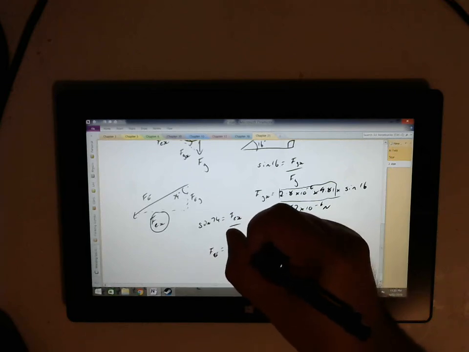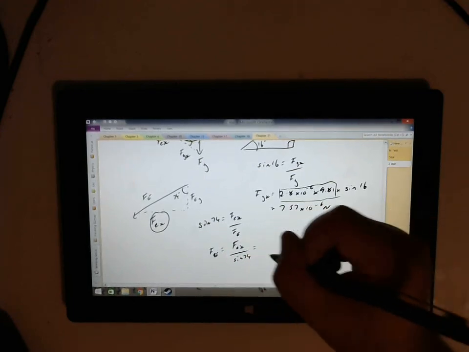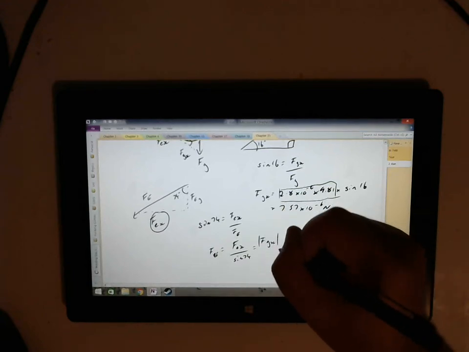And we see that Fe will equal Fex over sine of 74, which equals Fgx, or the size of Fgx.